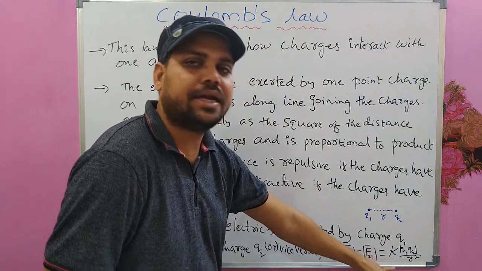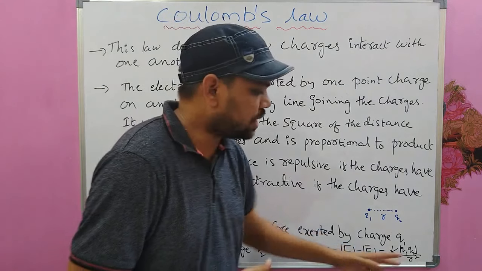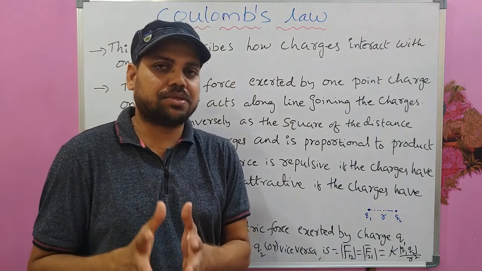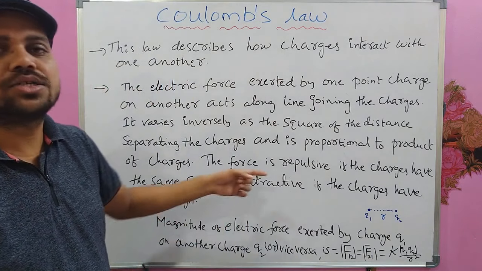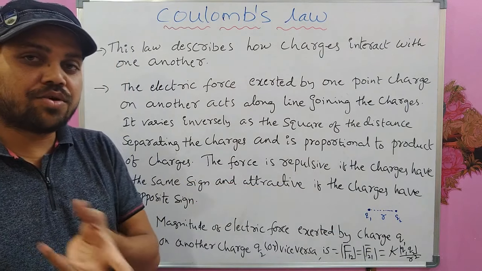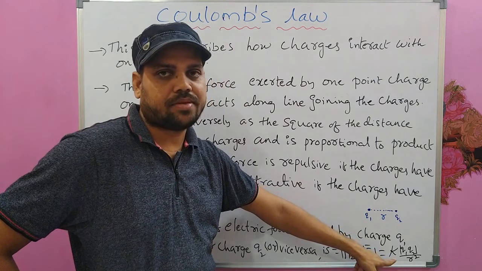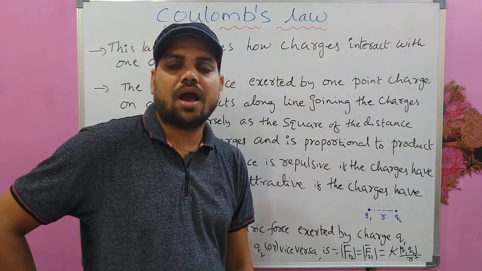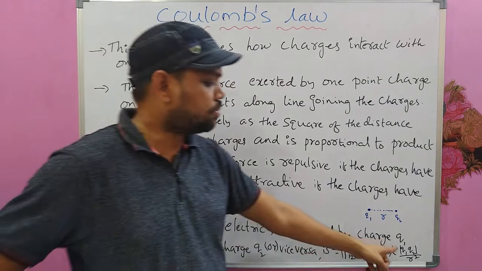What is K here? It is a proportionality constant, because we have studied that the force is directly proportional to the product of those two charges and inversely proportional to the square of the distance between them. Removing that proportionality, we keep this constant K. So the electric force is equal to K Q1 Q2 by r square. Since we are writing the magnitude here, I have kept the modulus.